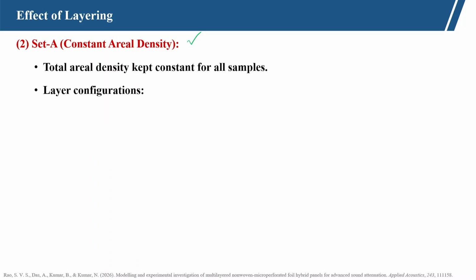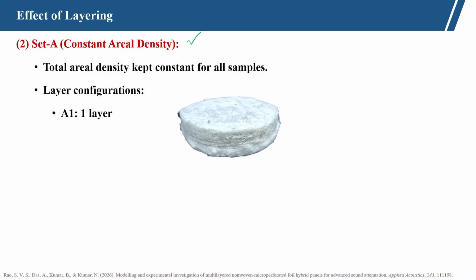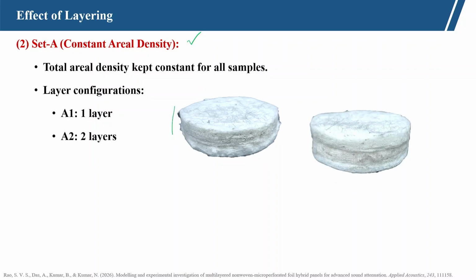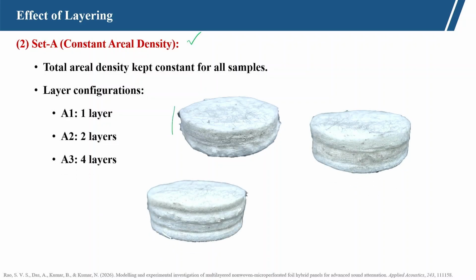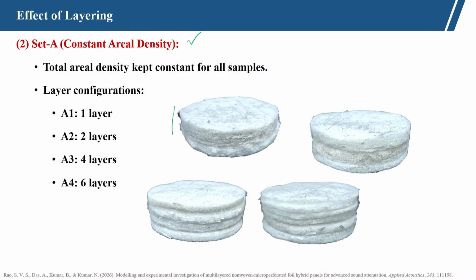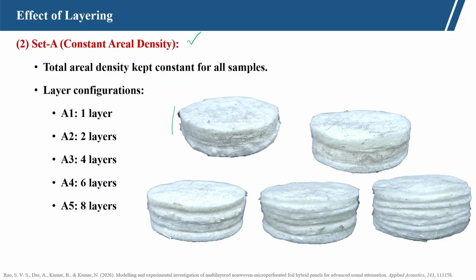The layerings were again: A1 with one layer, A2 with two layers, A3 with four layers, A4 with six layers, and A5 with eight layers. So, these are the S series and A series. S series keeps the thickness constant, A series keeps the areal density constant.